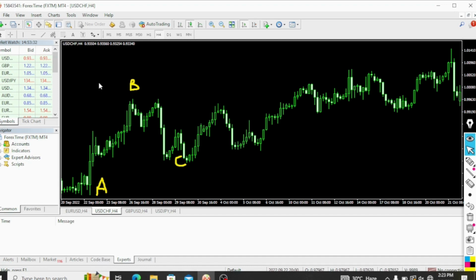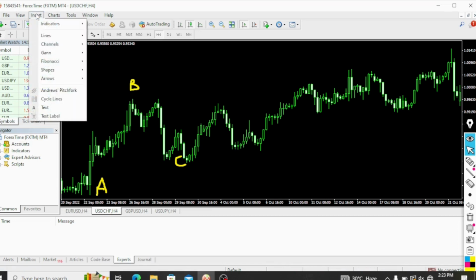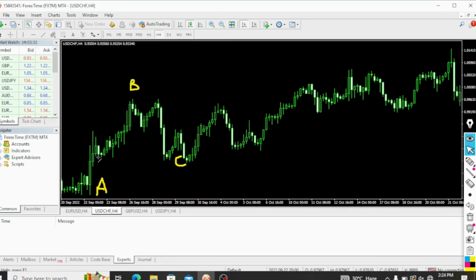Now let's pick up our Fibonacci expansion tool. Let's go to insert, go to Fibonacci, and then here you see expansion. Click on that expansion. You come to point A, you click on point A and drag it to point B.